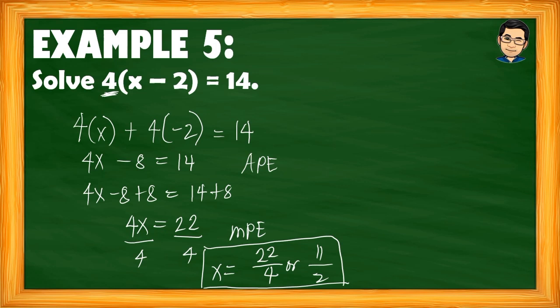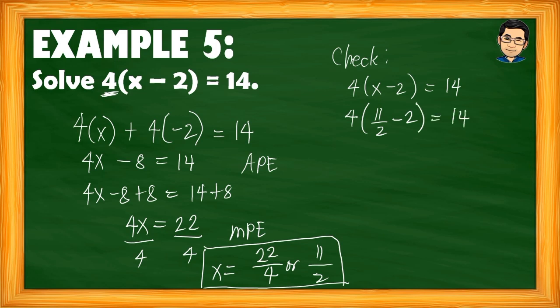Now, to check. So, 4 times the value of x, 11 over 2, minus 2 is equal to 14. And then 4 times, so kailangan natin i-subtract yung 11 over 2 tsaka 2. So yung LCD niya is 2. Then 2 divided by 2 is 1 times 11, so 11.